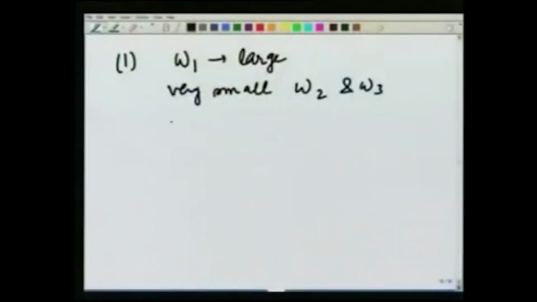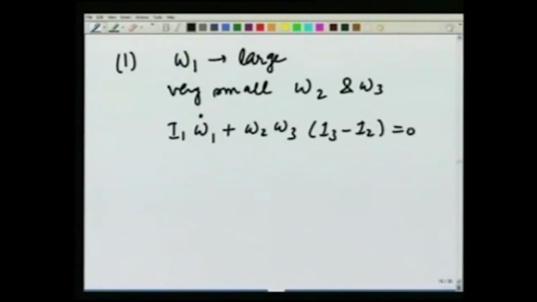In this case, the equations would be I1 omega 1 dot plus omega 2 omega 3 (I3 minus I2) is equal to 0. Since omega 2 and omega 3 are very small, I can in the first approximation neglect this.